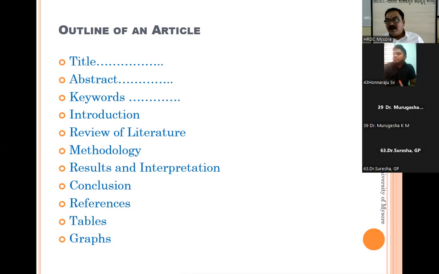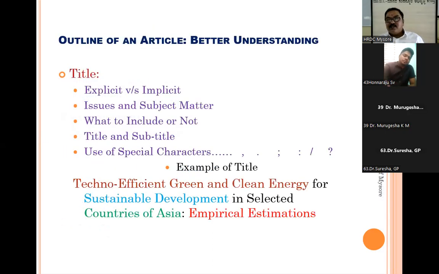Sometimes within the methodology, some equations may come. So a good research article will have all this. Let us go one by one.